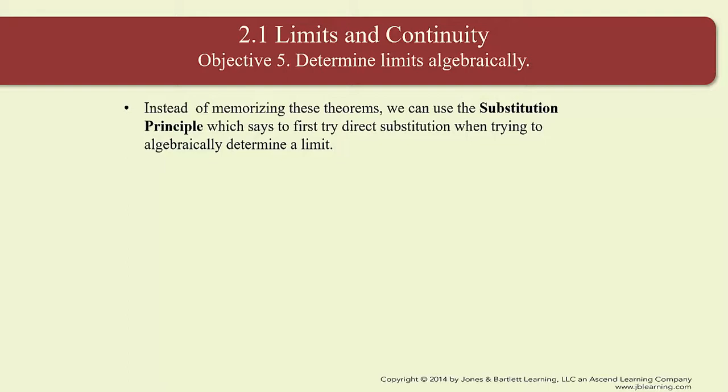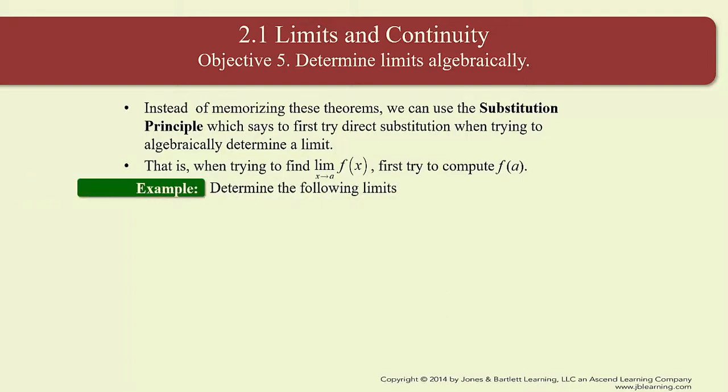So when you're trying to find the limit as x approaches a of f of x, first just try to compute f of a. If you can compute f of a, if it works, you have found the limit. So, let's practice this.